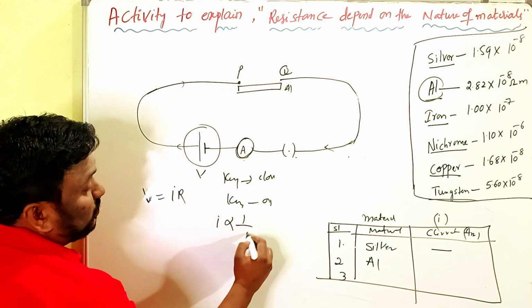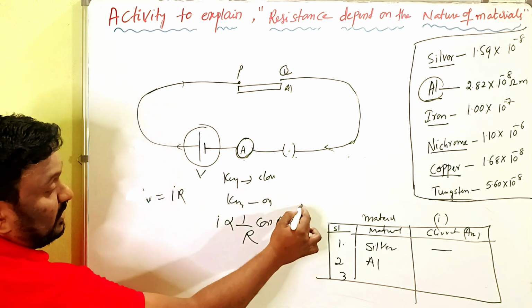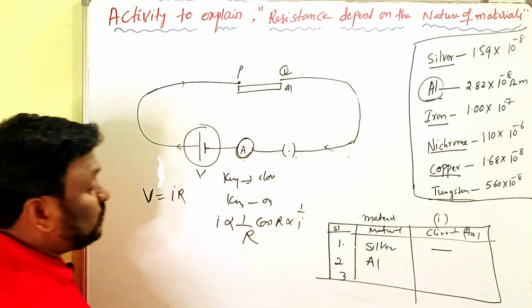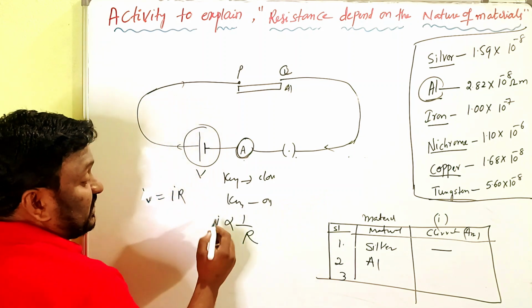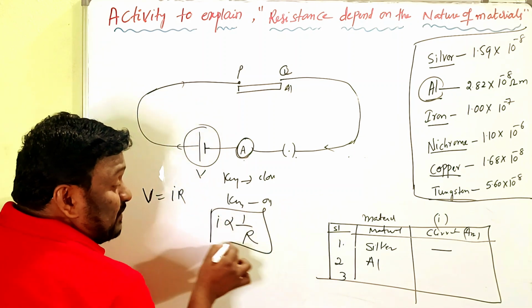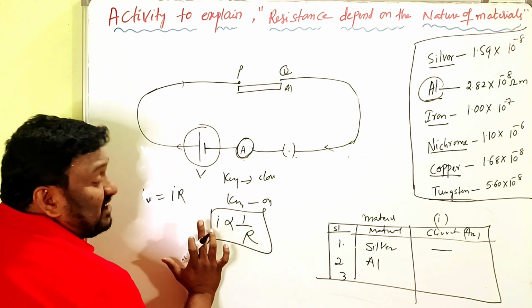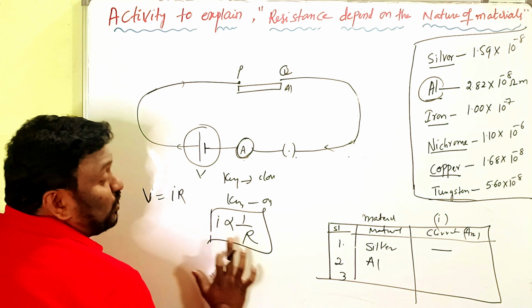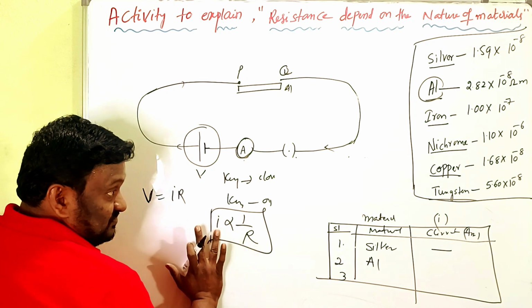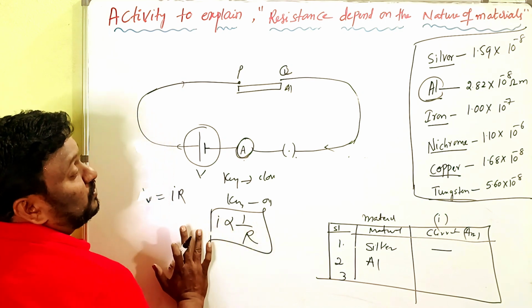I is proportional to 1 by R, or R is proportional to 1 by I. So simply, there is an inverse proportionality between resistance and current. When the resistance is more, current is less. Clear? When the resistance is less, current is more.